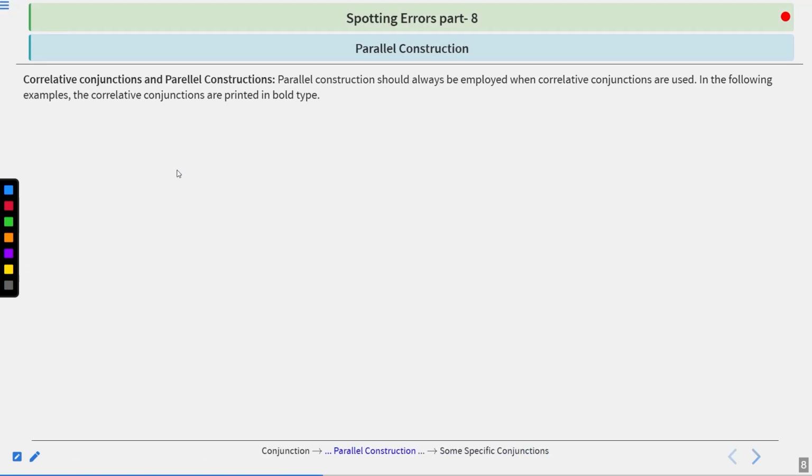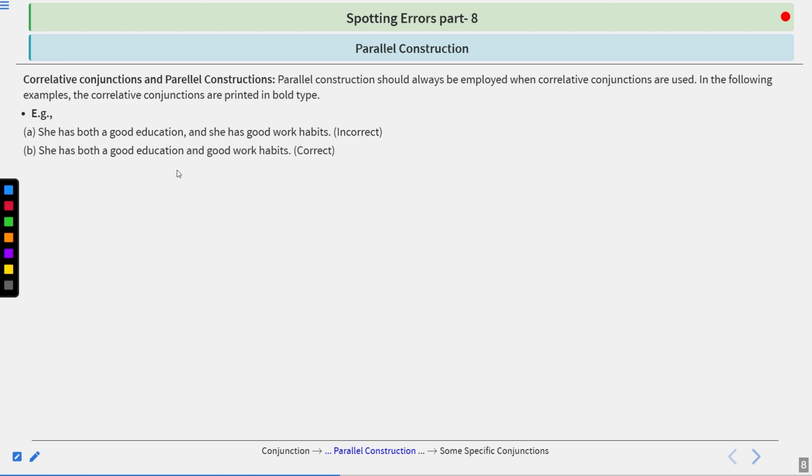Correlative conjunctions and parallel constructions. Parallel constructions should always be employed when correlative conjunctions are used. In the following example, the correlative conjunctions are printed in bold type. She has both a good education and she has good work habits, which is incorrect. She has both a good education and good work habits.